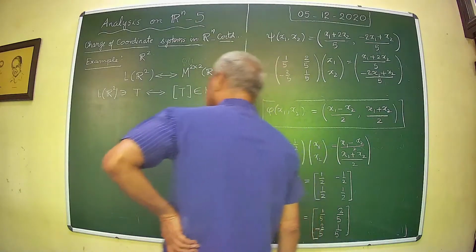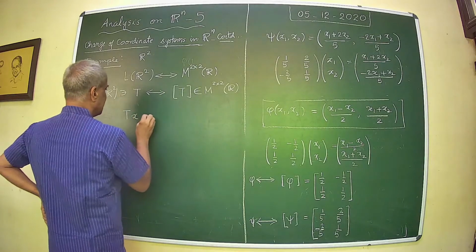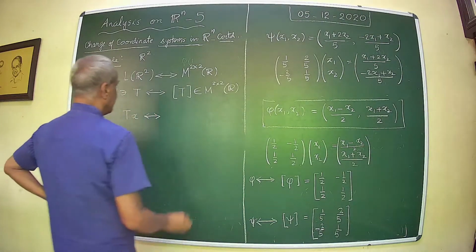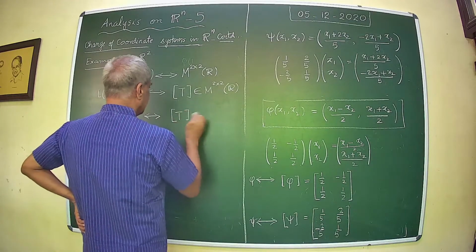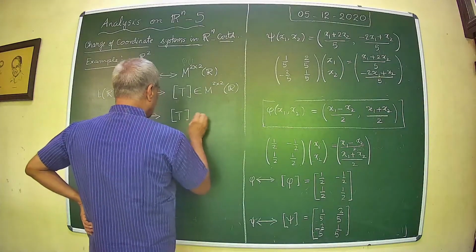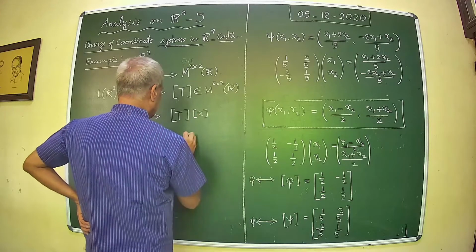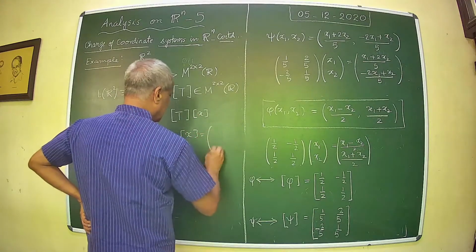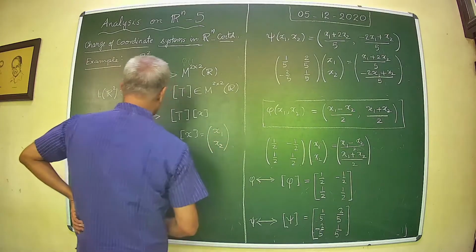So what do you do? The operation is this. T x is identified with the column vector T acting over the vector x, where x is a column.